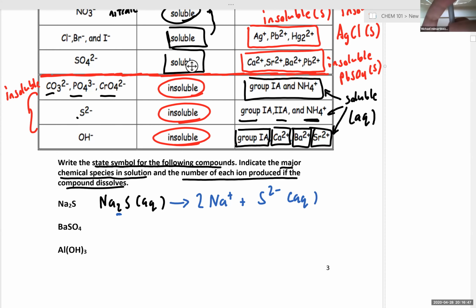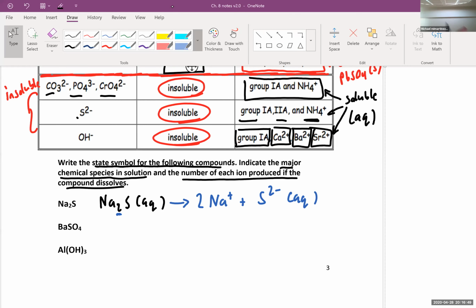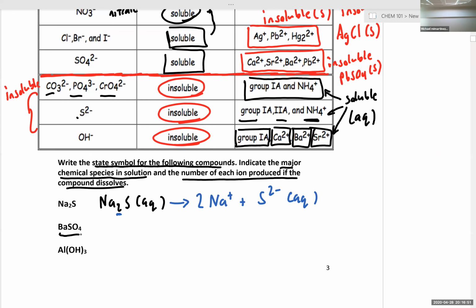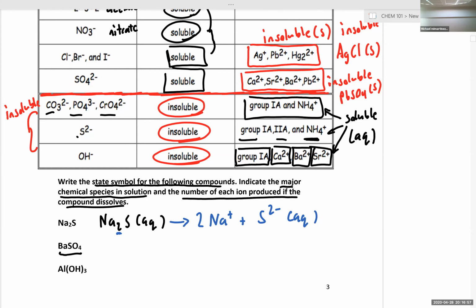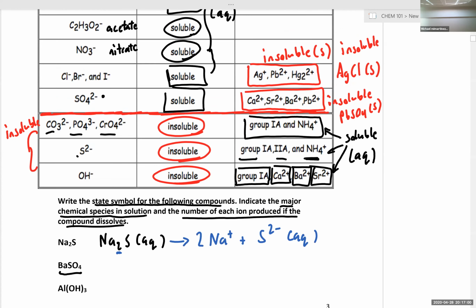Okay, let's do another example. Barium sulfate, a commonly used imaging agent. So I'm going to go to the sulfate column, and reading off, I find barium. My question to all of you is barium sulfate in the soluble or insoluble column?